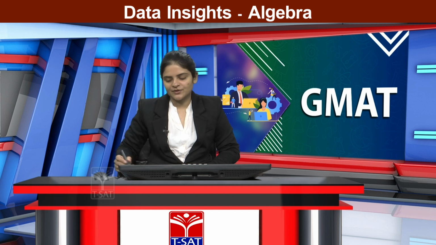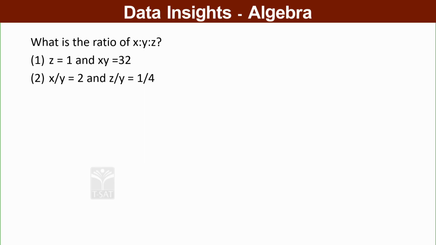Let's look at this next question now. What is the ratio of x is to y is to z? Statement 1 says z is equal to 1 and xy is equal to 32. You want the value of x is to y is to z. The first statement says z is equal to 1 and xy is equal to 32, but this doesn't tell us what x is or what y is.